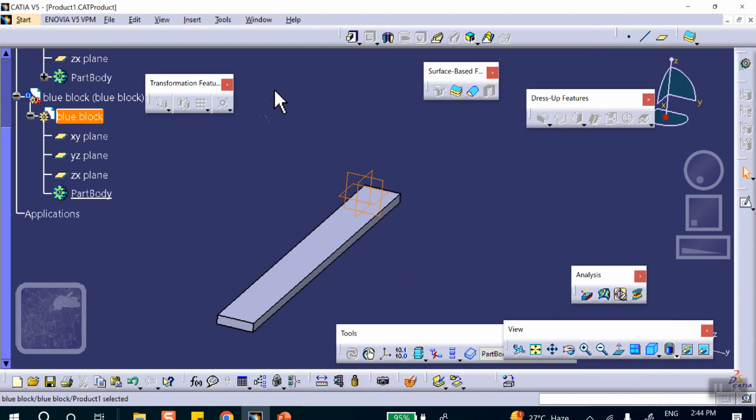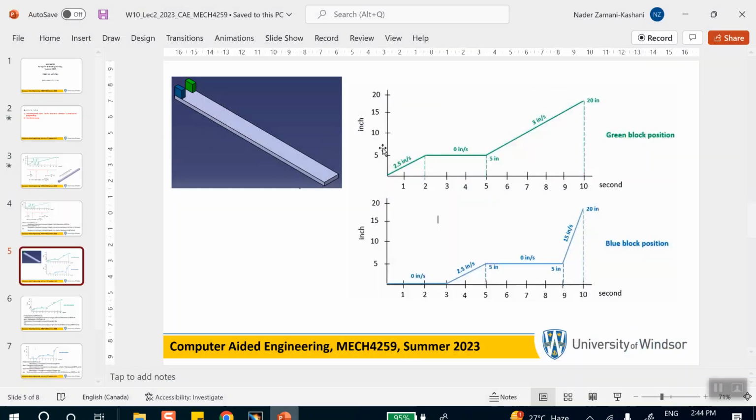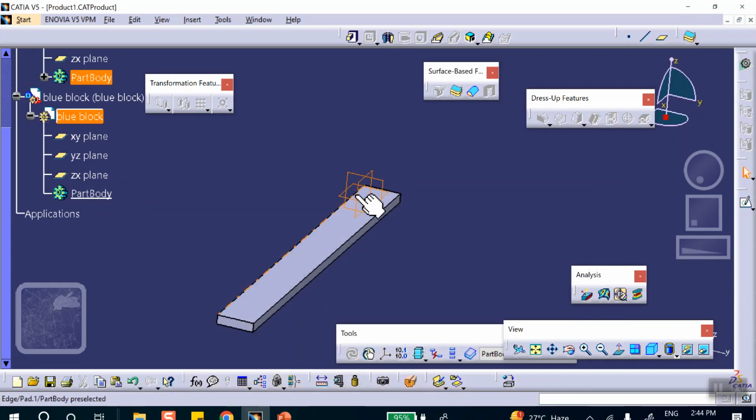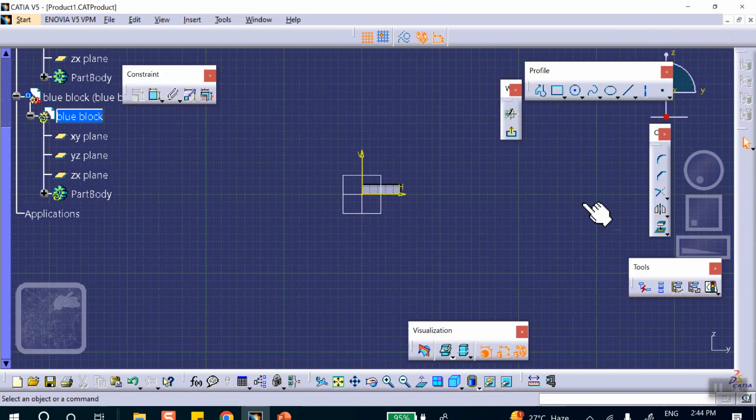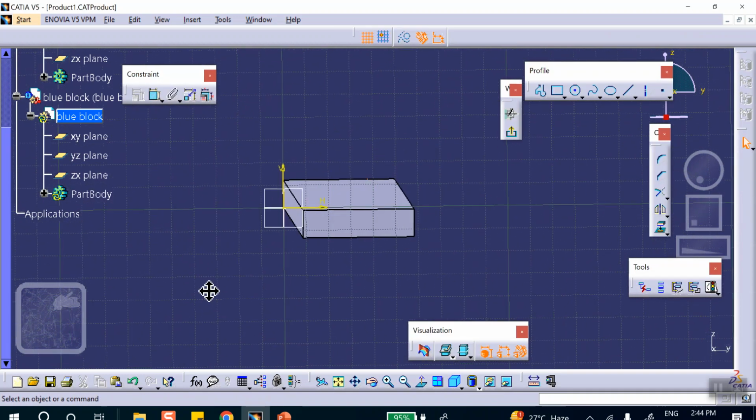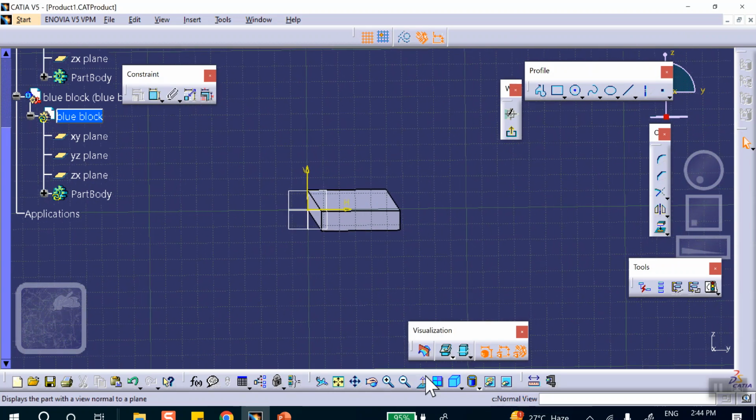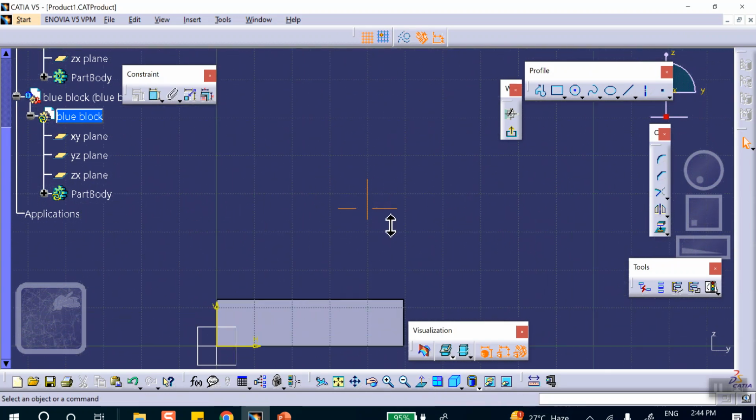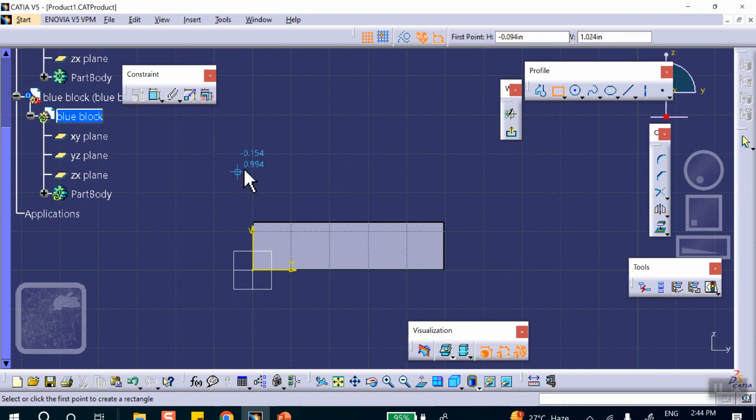Double click on the blue block. Let's see now. Although it doesn't matter, I'll do the blue block on that side. So on that plane, I will sketch. Okay, so let's see now. Normal view. Yeah, something like this. I'll clean it up. Yeah, that's good.